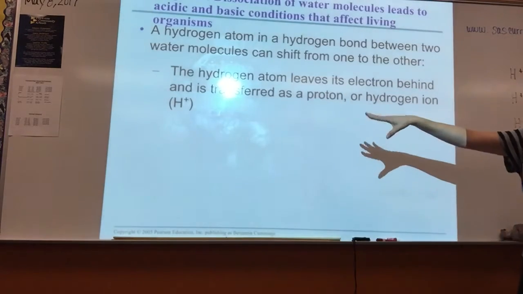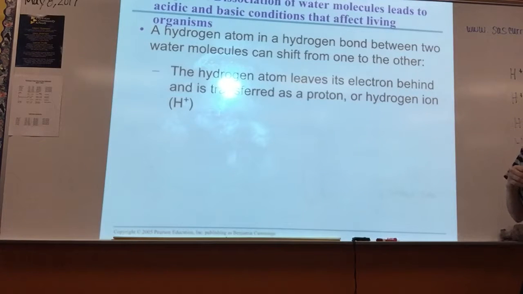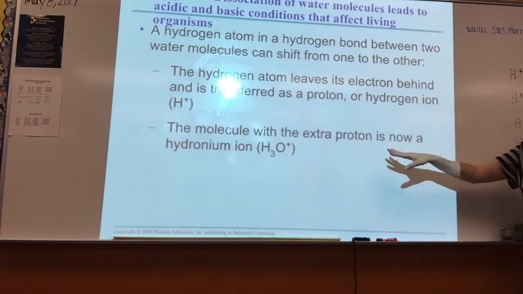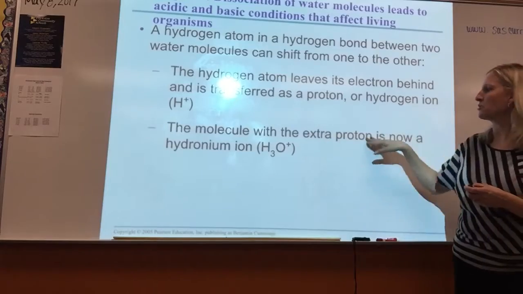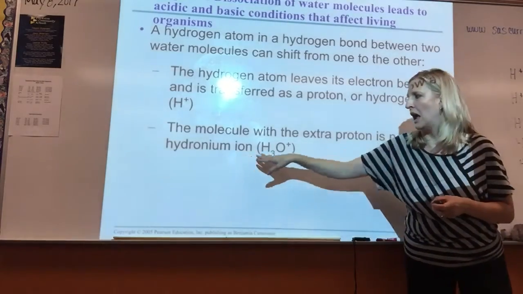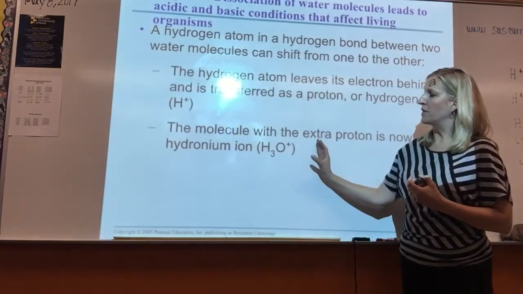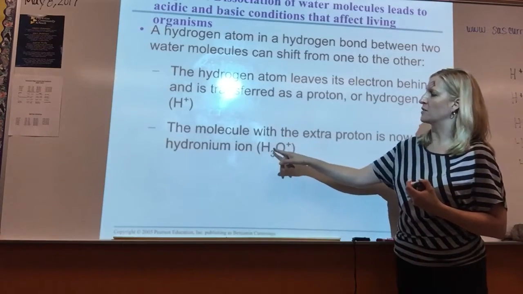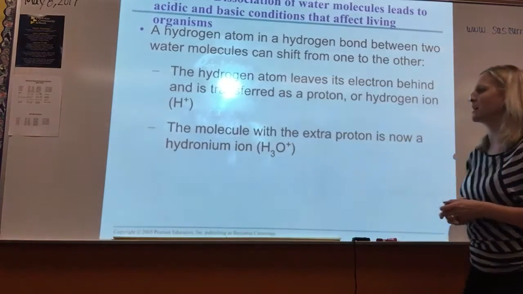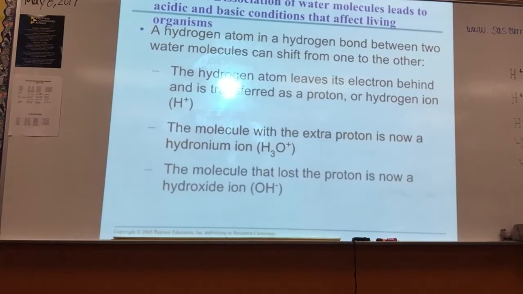The molecule with the extra proton is what we call a hydronium ion, or H3O with a positive charge. So it's H2O with an extra H plus. That's where the third H and the plus come from.